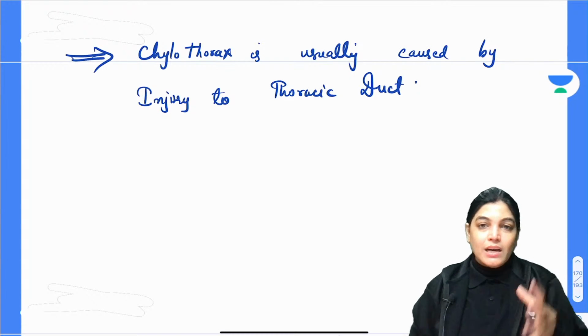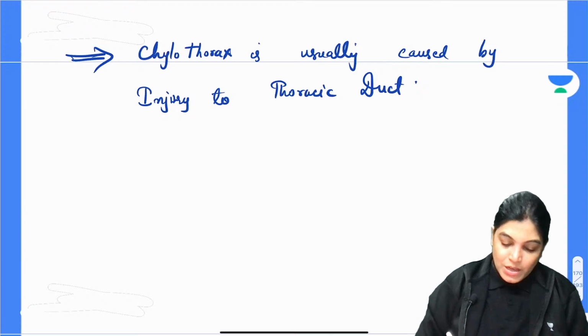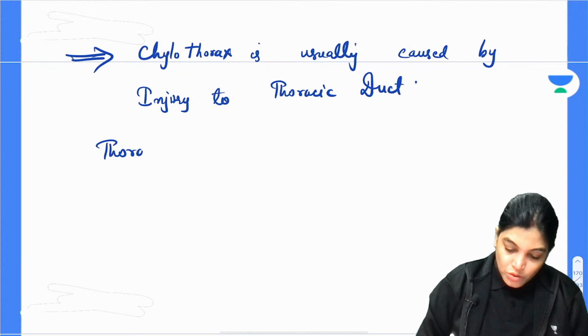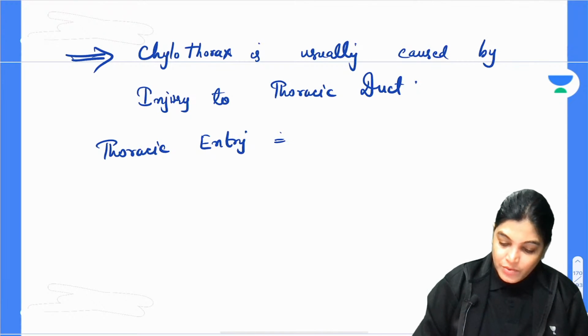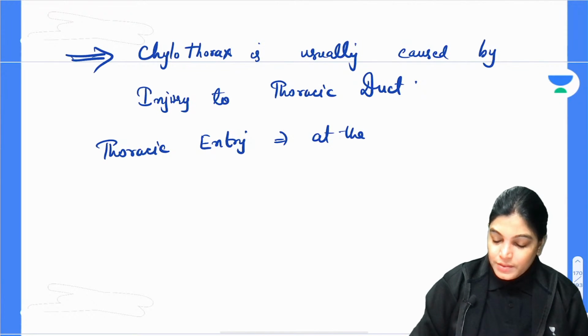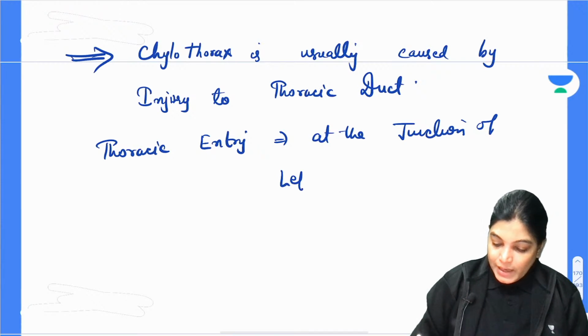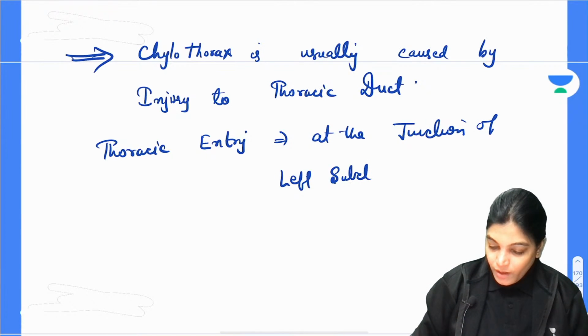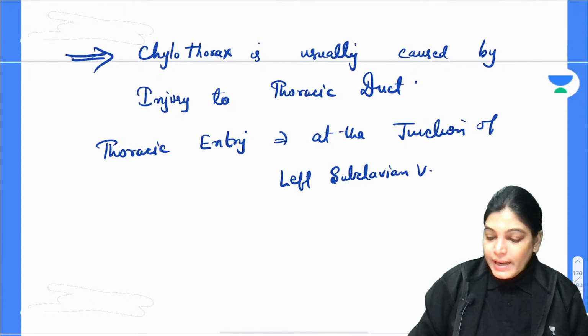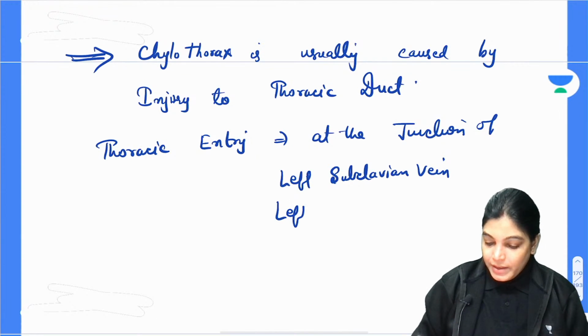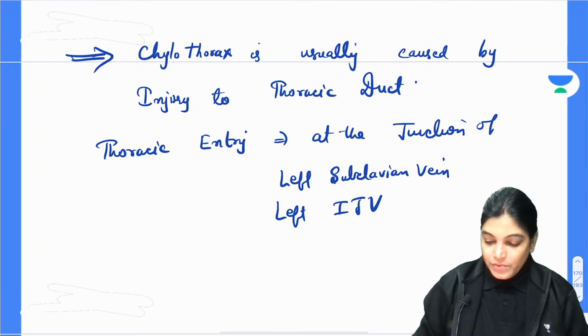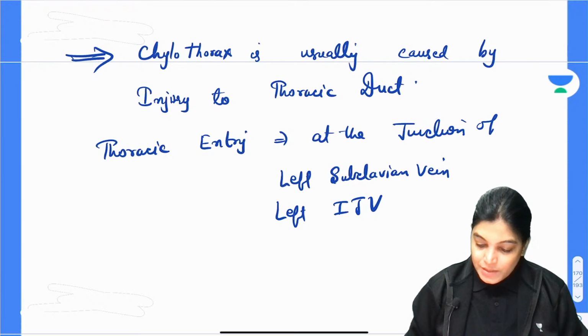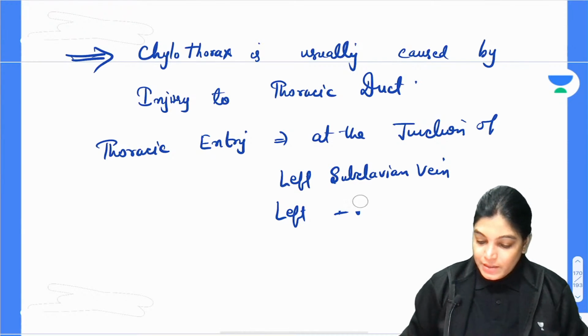The thoracic duct enters the venous system at the junction of two important veins, the left subclavian vein and the left internal jugular vein.